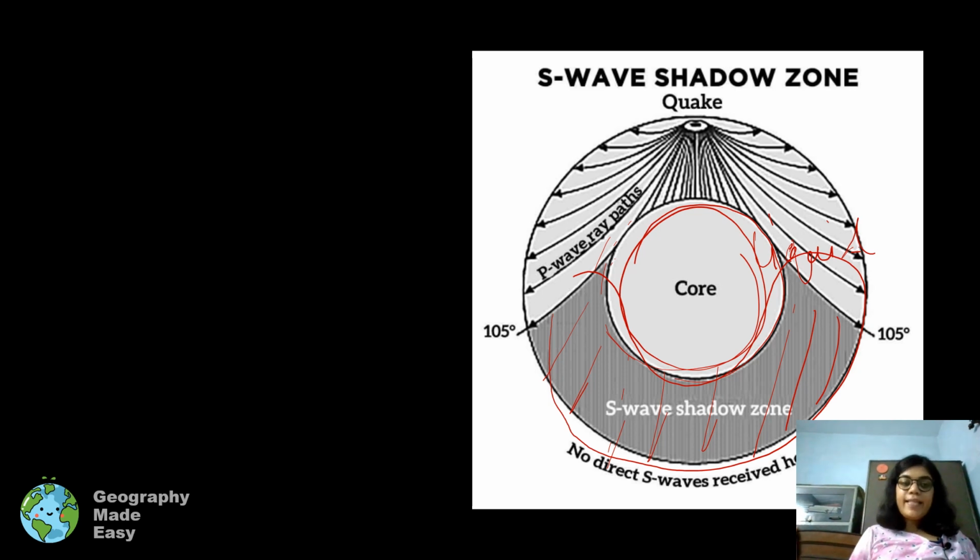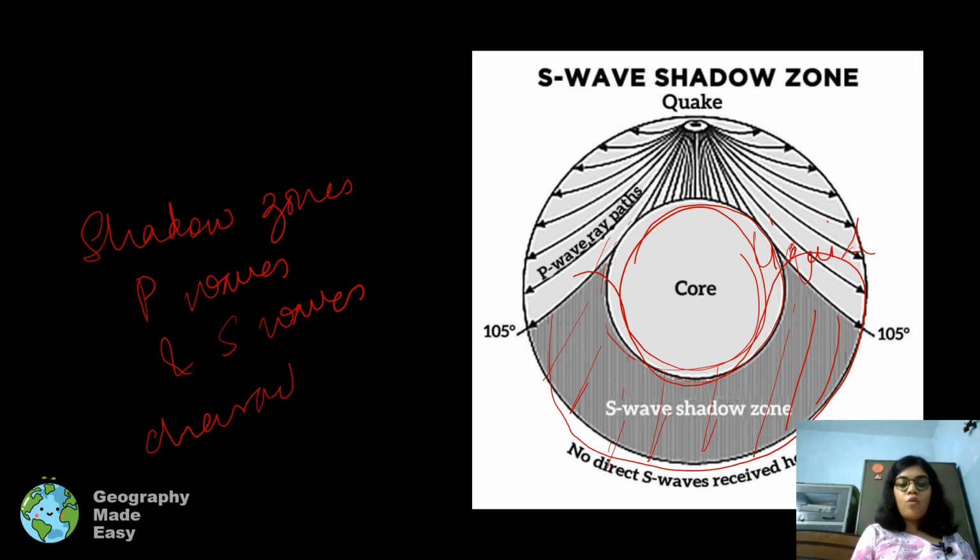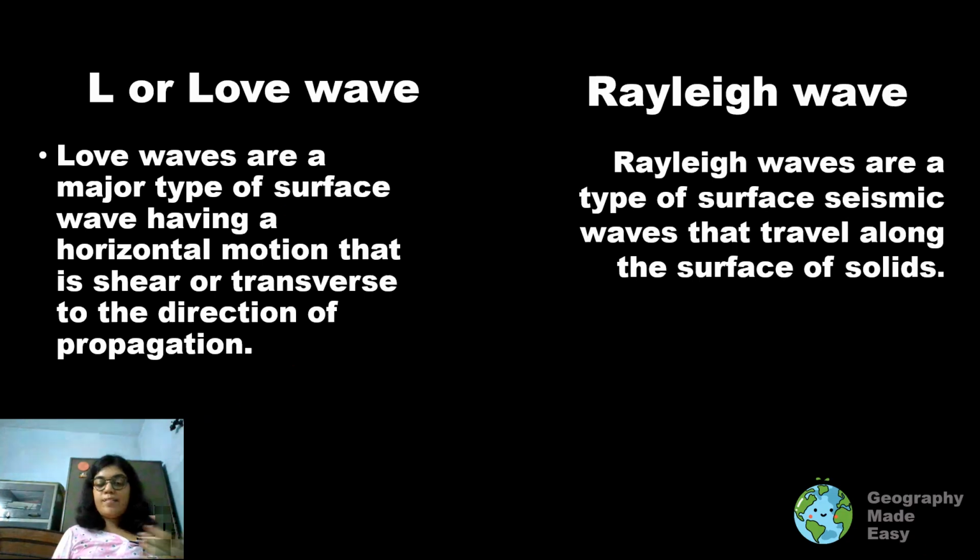So we see that the shadow zones of both the P waves and the S waves correspond to each other, and they are dependent on the character of the rock through which the earthquake waves are flowing. So it is telling us about the layered structures.